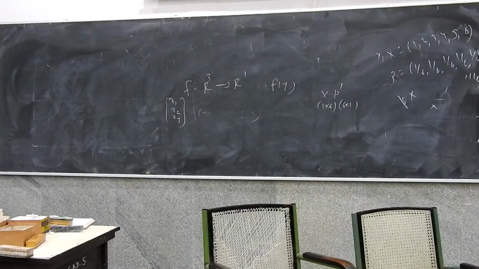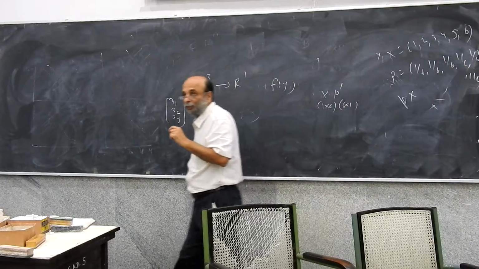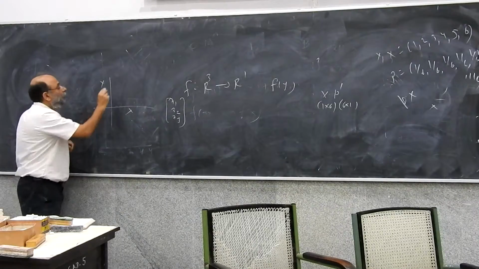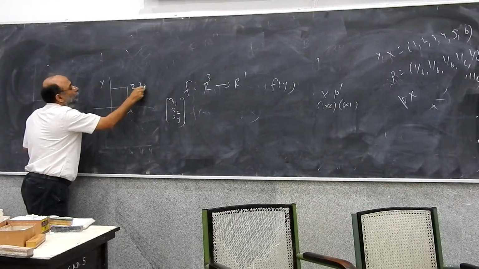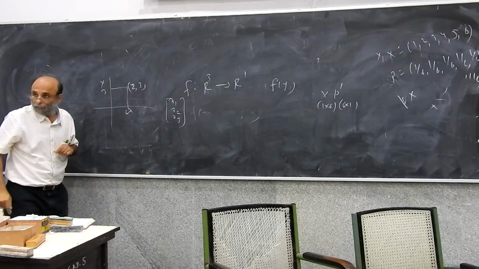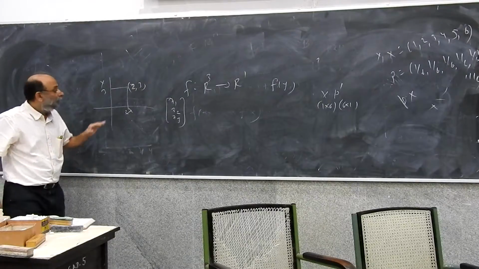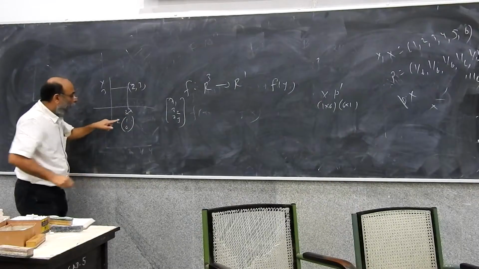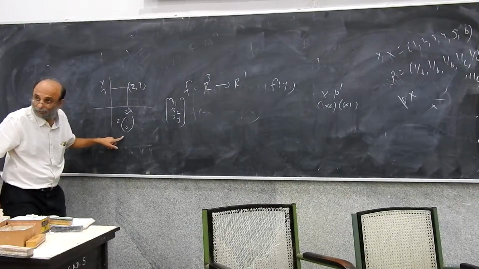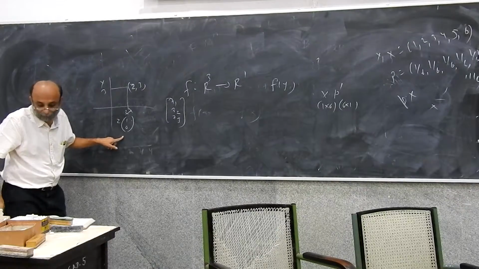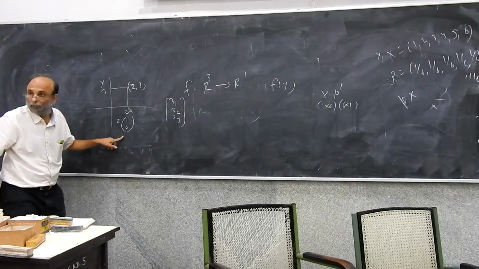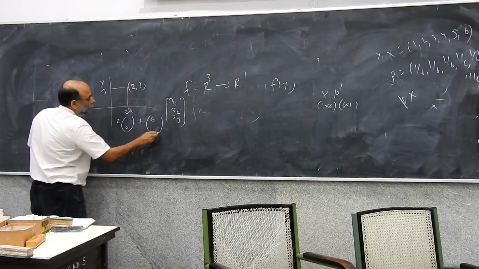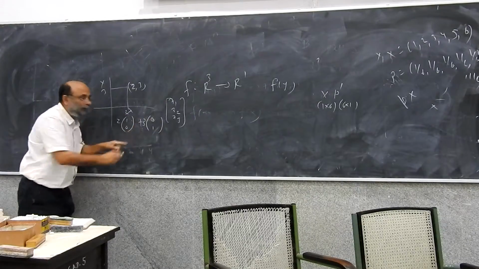Now, we know that each of these points, when I think of a two-dimensional space, y x, think of a point 2, 3. Then this point 2 can be written as 2 into 1, 0, the 1 on the x-axis. Similarly, I can write this point as 3 into 0, 1.